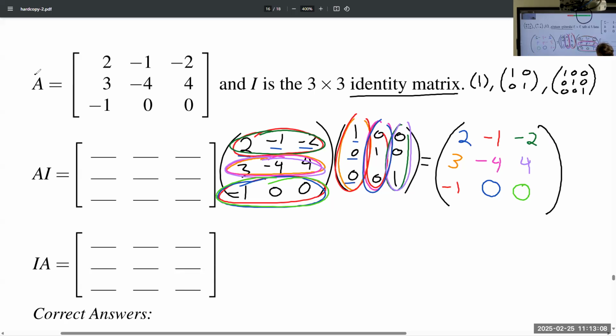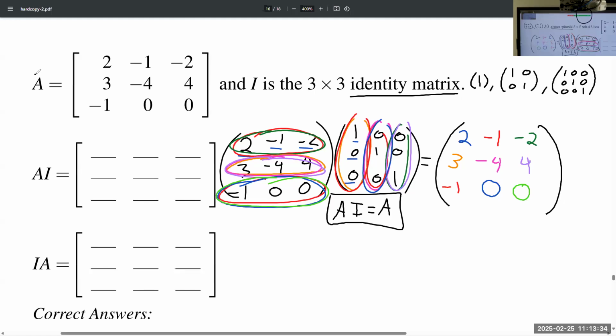Did I get the exact same thing back that I put in? Yes, and that will always happen. Okay? So A times the identity matrix is A. Always. It's always true. You'll always just get it back.